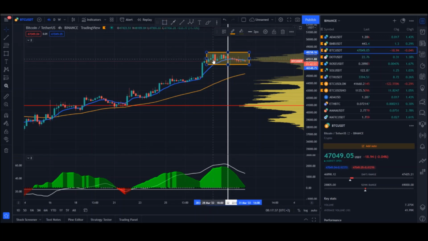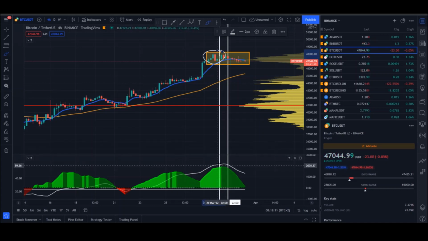but of course you can say that the pause started earlier, but we couldn't know in that moment that it was a pause, because when we were here we didn't have the confirmation pattern, and you can't guess if the price is going to make a pause or is going to rise or is going to go down.